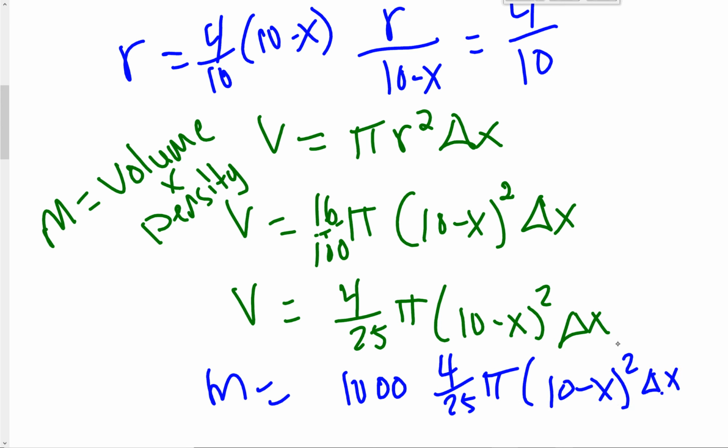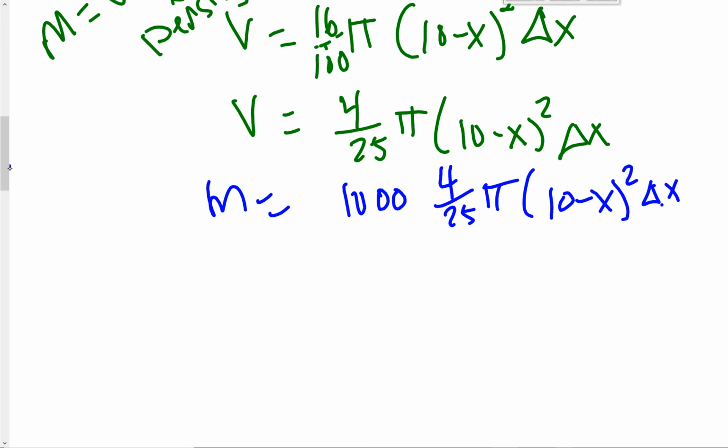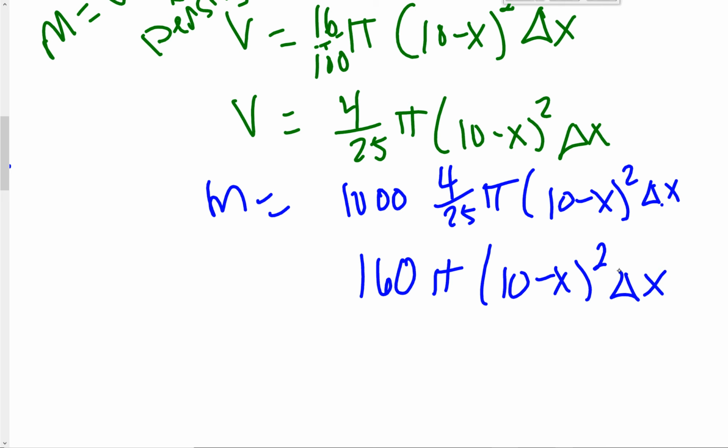Okay, so then we can get our mass. So our mass is going to be, if we reduce, 160 pi, and then times 10 minus x squared times change in x. So there's our mass. Now we can multiply it by acceleration to find our force, because force equals mass times acceleration.